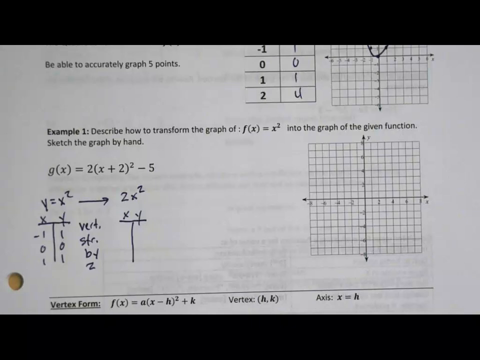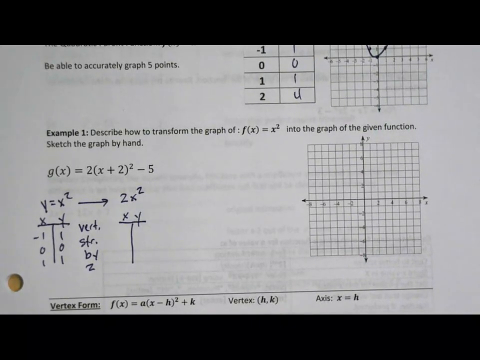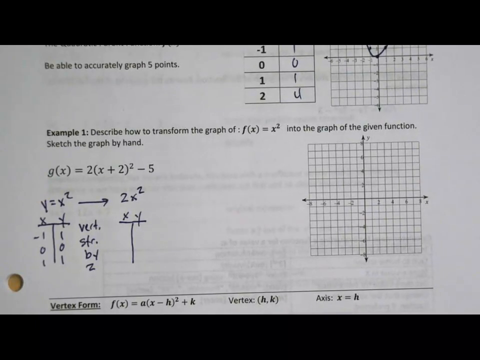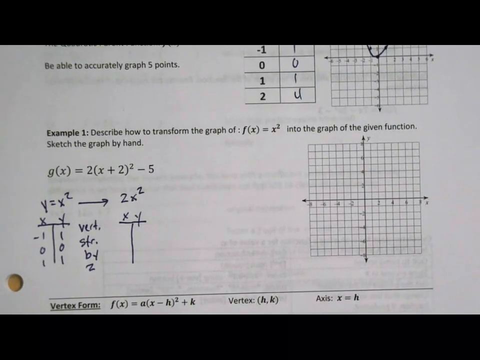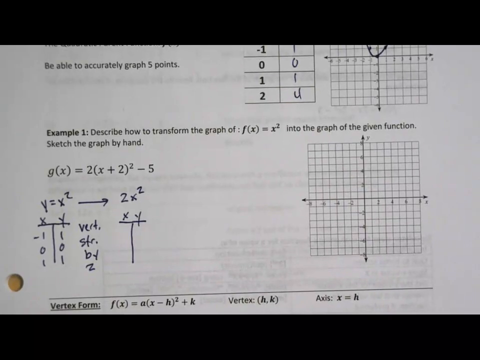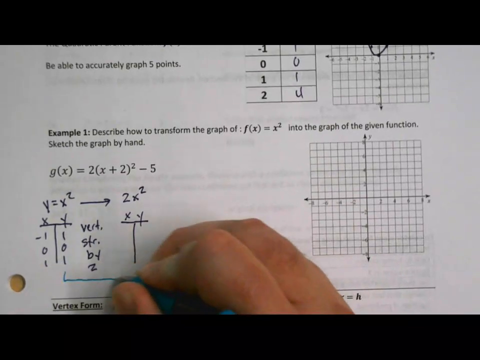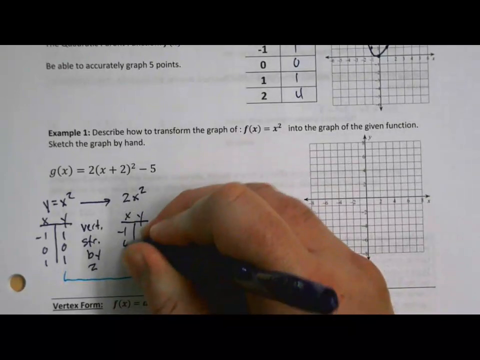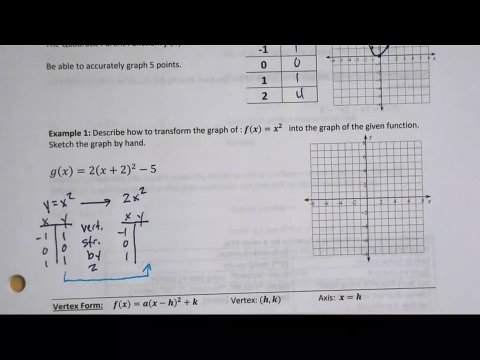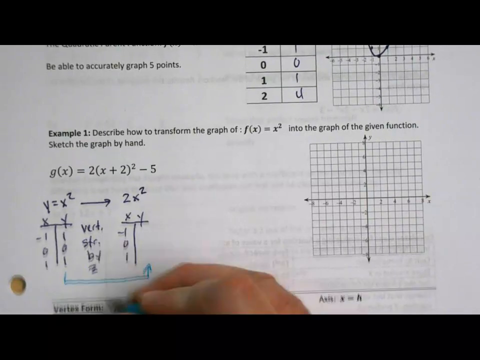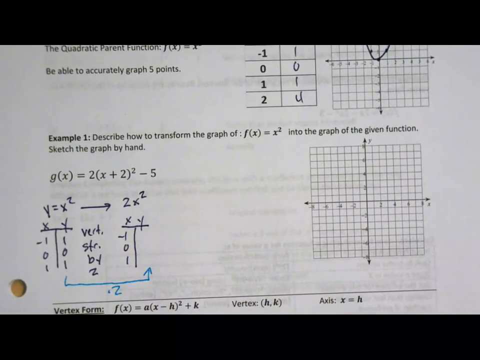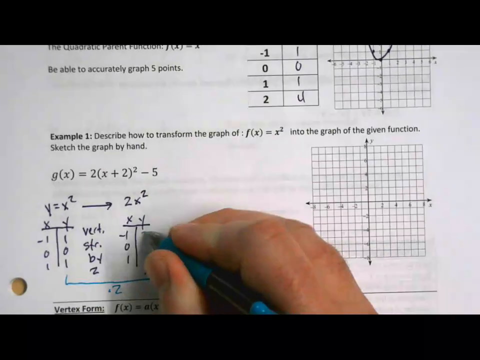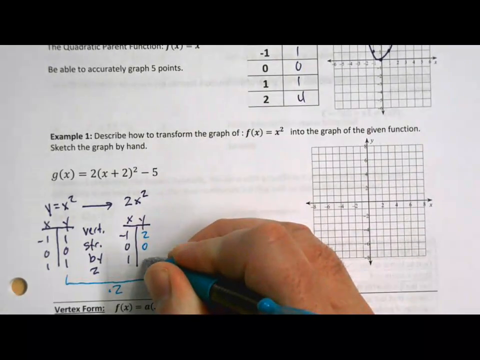Which coordinates would that affect, the x or the y coordinates? Vertical stretch is going to affect x coordinates or y coordinates. Anything vertical is going to affect the y coordinates. So the x coordinates are going to stay just how they were. And the y coordinates will all multiply times 2. 0 times 2 is 0, 1 times 2 is 2.